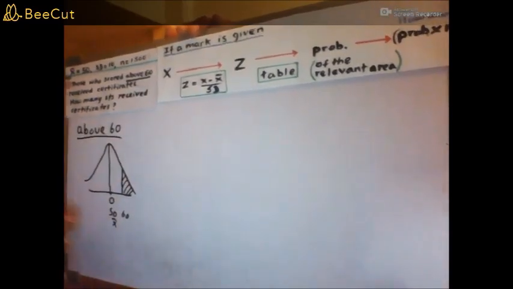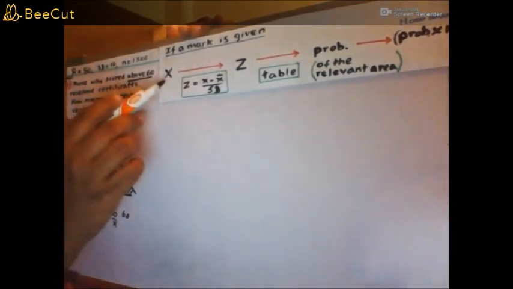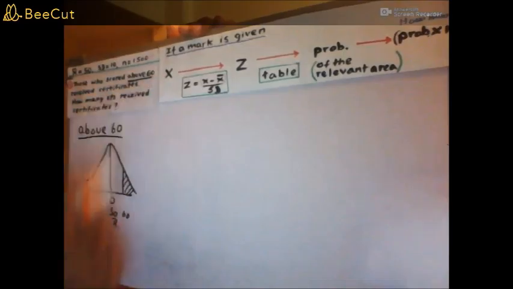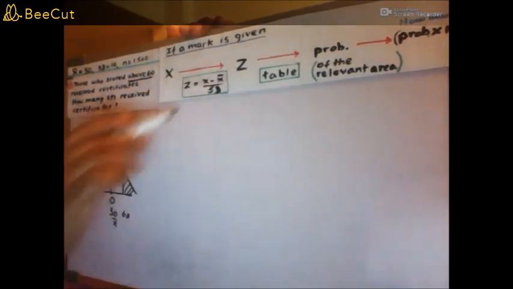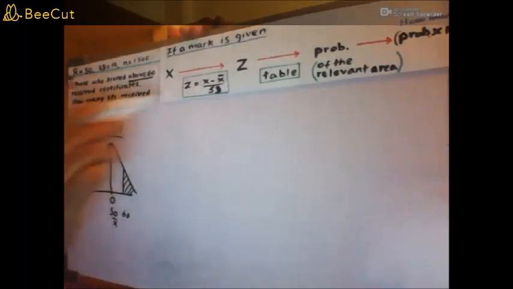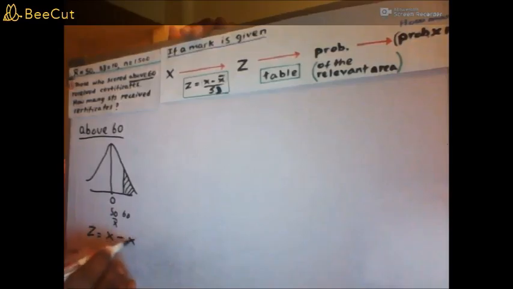Now after this, go to the route. You have already selected it. So what's the first thing you have to do? You have x, that is 60. Then you have to find out z. How? By using this formula. So write the formula here. Z equals x minus x bar divided by SD.